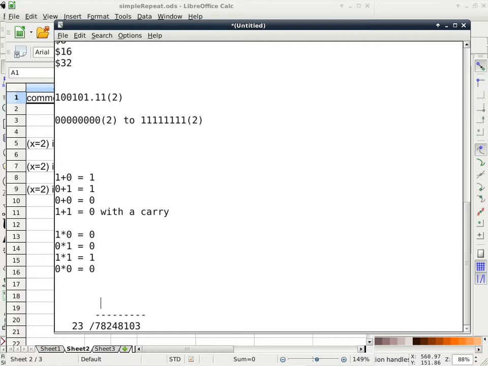Because 78 has 3 23s, and 4 23s will be too many, right? But how do you know that? Because you, in your mind, did the calculation. 78 divided by 23 is 3 with some kind of remainder. You did it all in your mind.